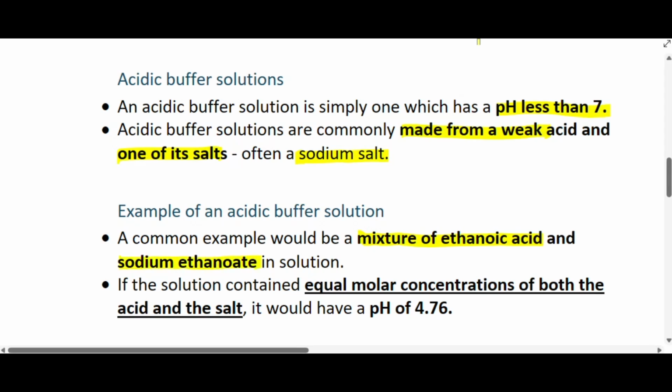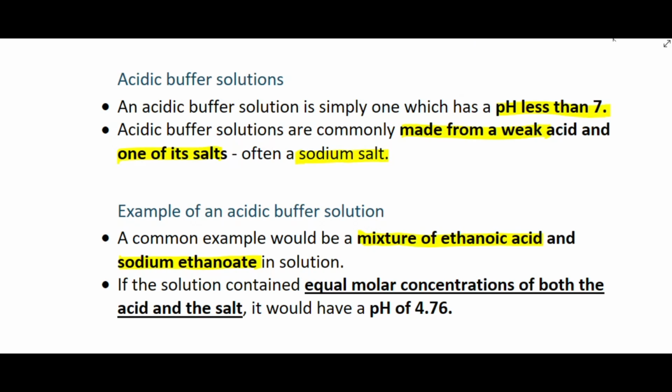Remember we said a mixture of a weak acid and one of the salts, and that salt is often sodium salt. So that is why we are choosing sodium ethanoate here as the salt of the weak acid, which is ethanoic acid.